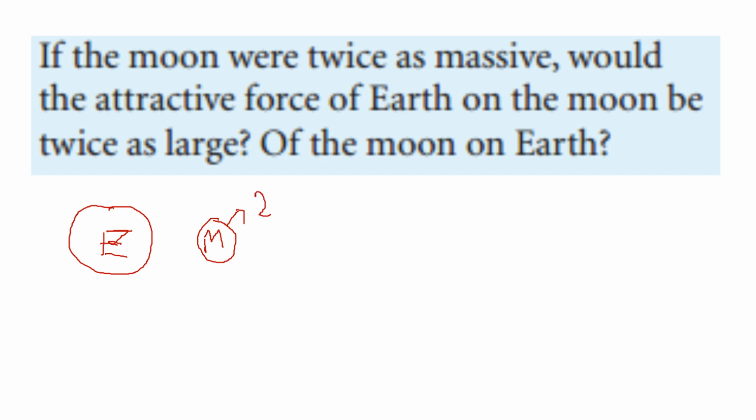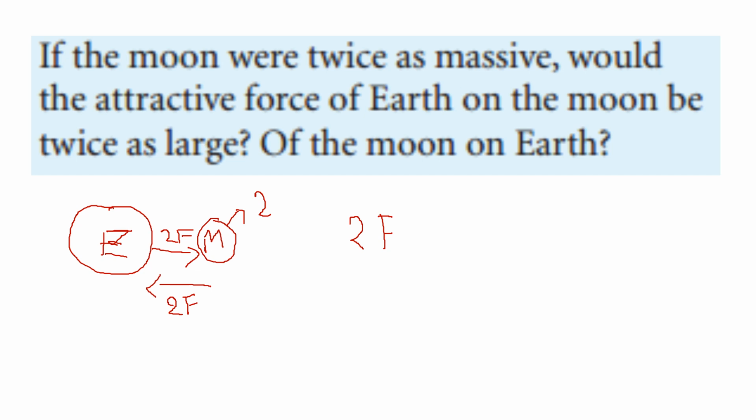So naturally, you know that the force is going to be 2 times the previous value of the force. Whatever force was there at the beginning, now it's going to be 2 times. Now remember, gravity is always a mutually attracting force. So whatever amount of force Earth is exerting on the Moon, Moon will be exerting the same amount of force on Earth. So it's also going to be 2 times the original force.